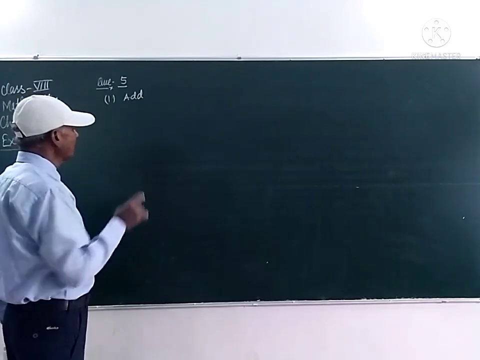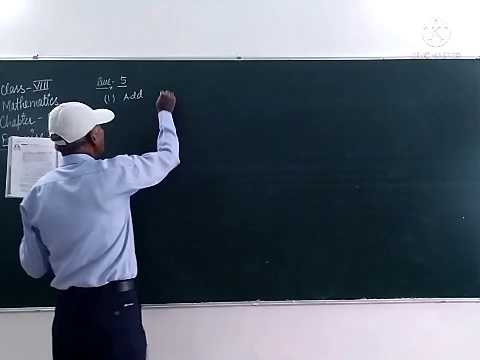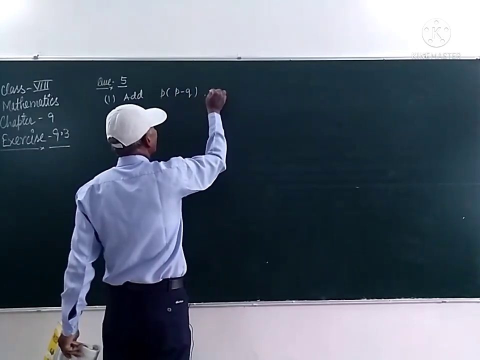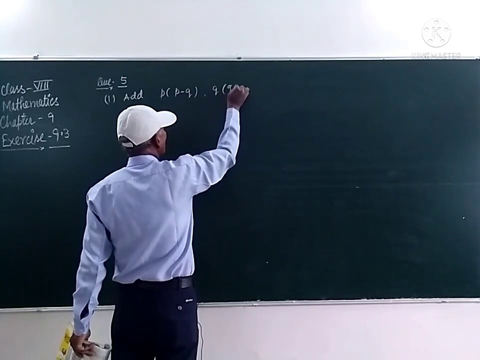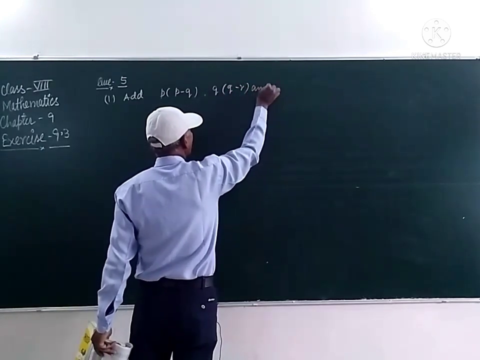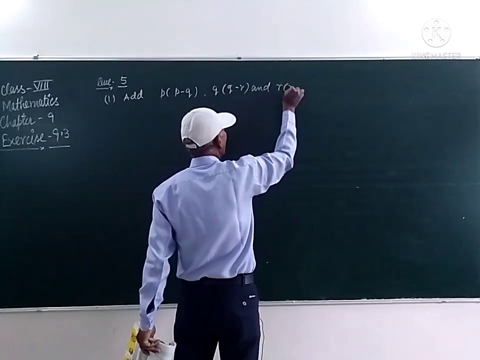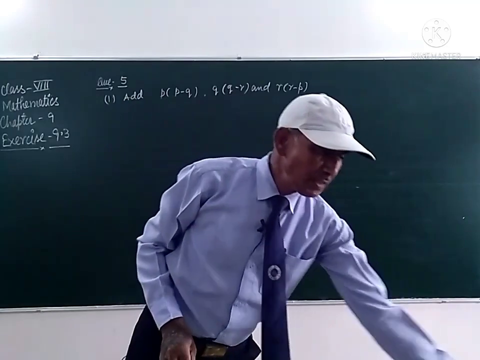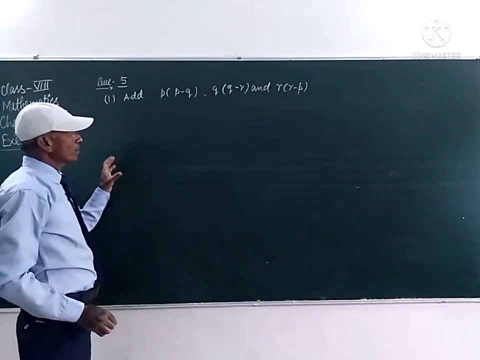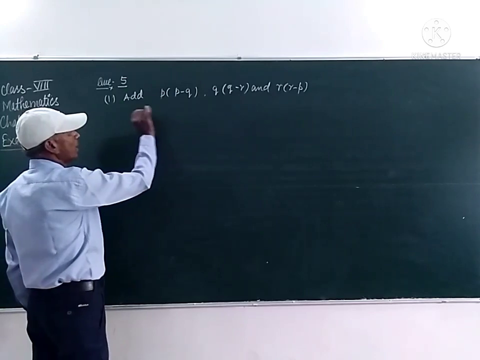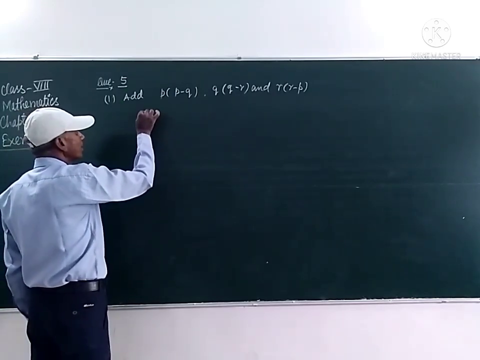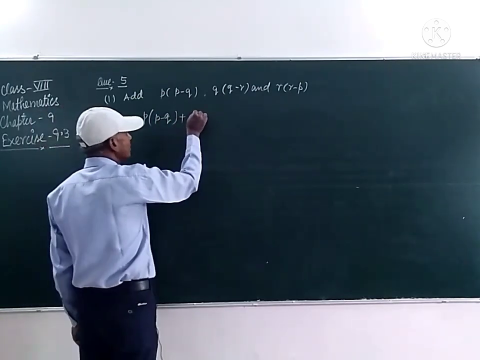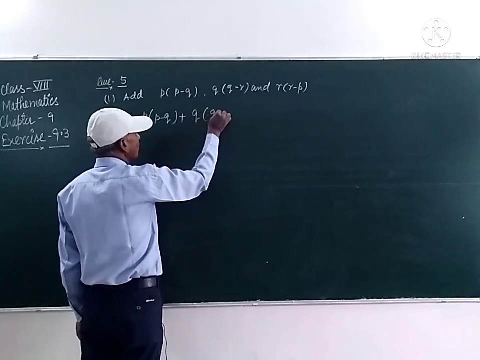First part of question number 5, that is add P minus Q, Q minus R and R minus P. So student, in this part, we have to add this P minus Q plus this one Q minus R plus R minus P.